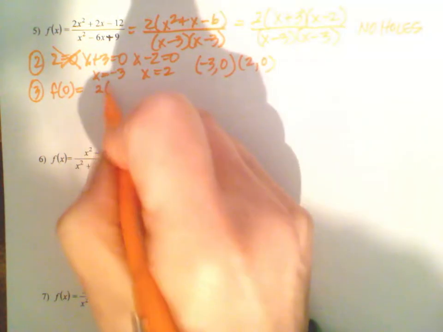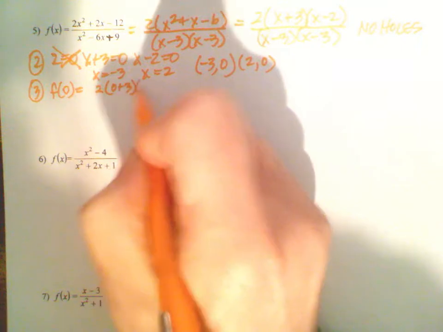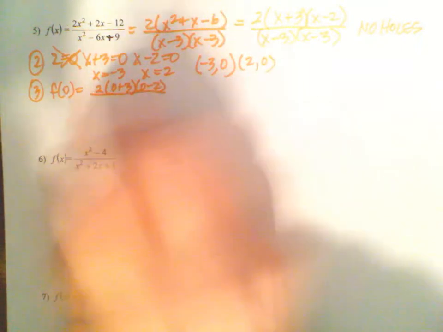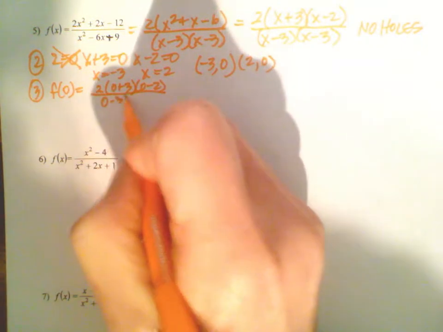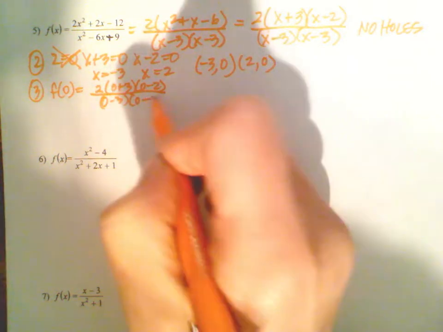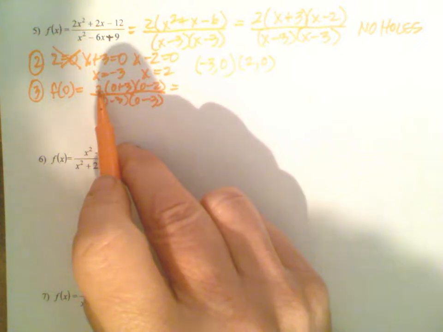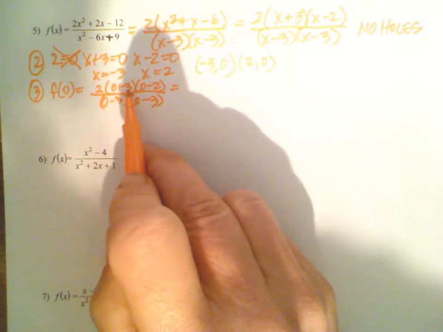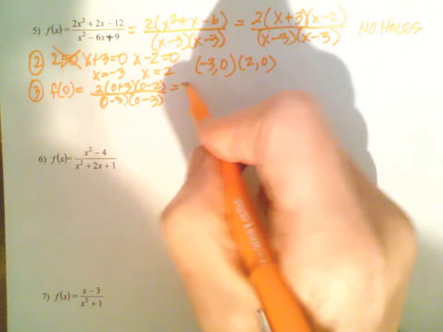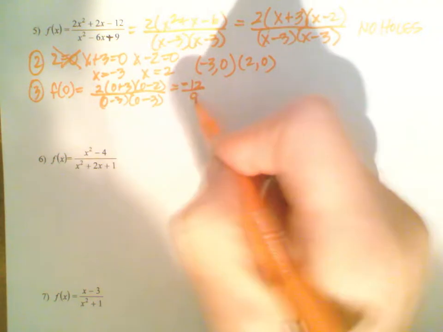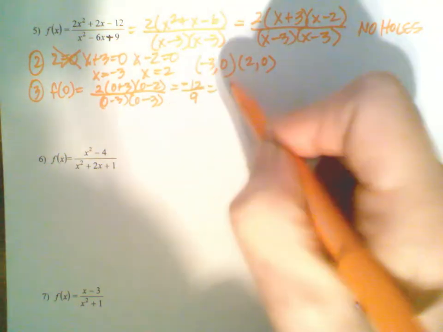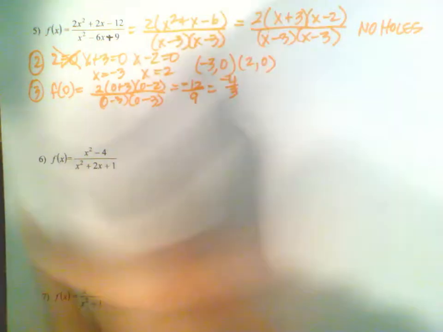Again, I replace all of my x's with 0, so I have 2 times 0 plus 3 times 0 minus 2 over 0 minus 3, 0 minus 3. That leaves me with 2 times 3 is 6 times -2 is -12 over +9. I can reduce that down, divide the top and the bottom, I get -4/3.